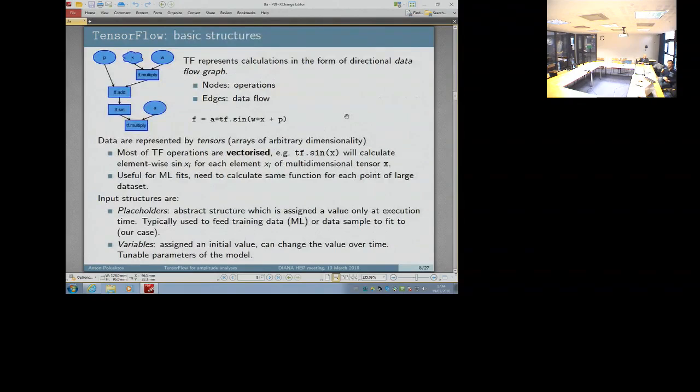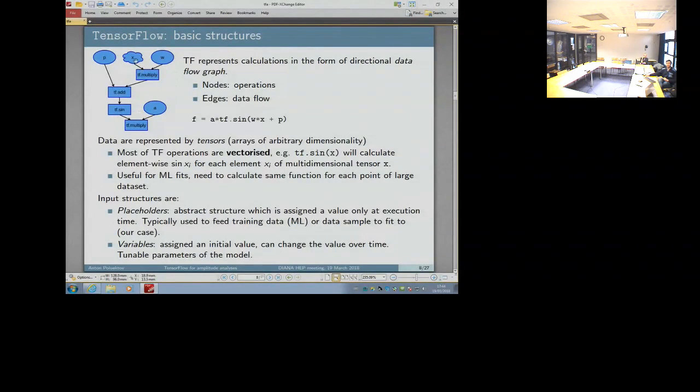Right. So just a brief introduction of the basic structures that TensorFlow operates with. TensorFlow represents the calculations in the form of a directed data flow graph. So you have nodes which are operations and the edges that describe how the data flows, right? So for instance, if you have a function that describes a sine wave, with the amplitude and the sine of the frequency times time plus some phase, it will be described by a graph like this.